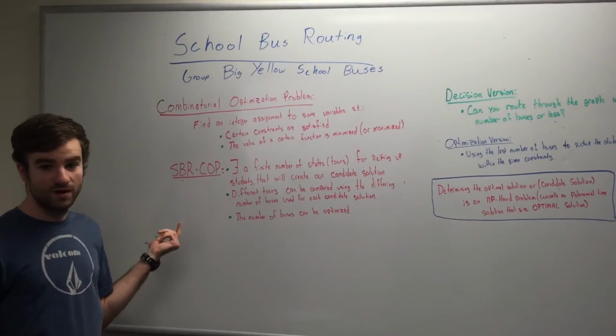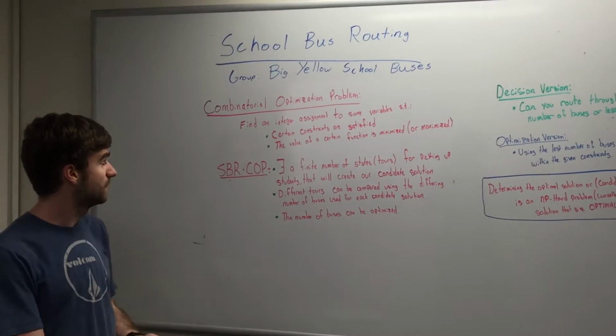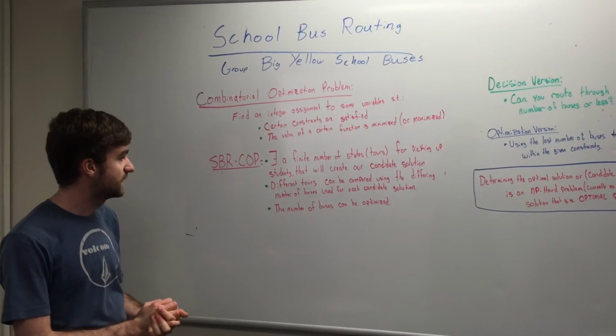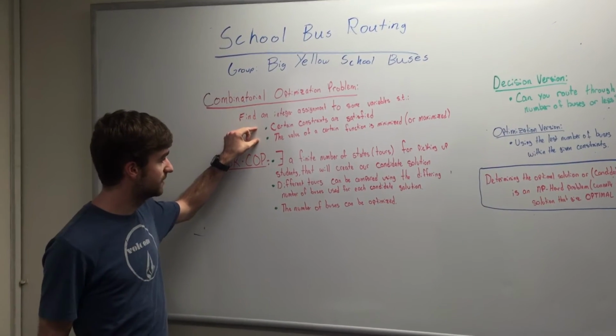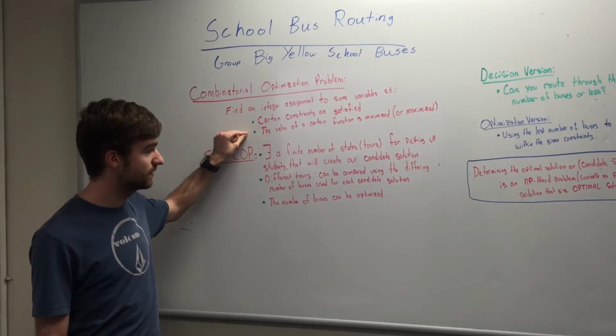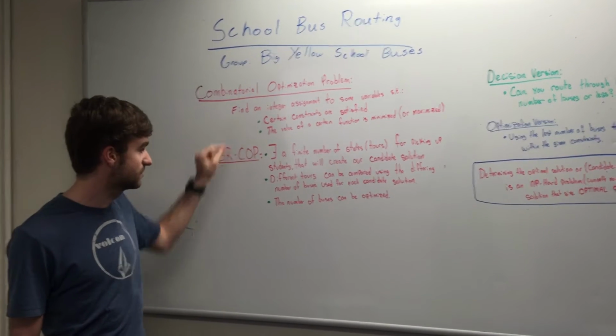What makes the school bus routing problem a combinatorial optimization problem is that it has certain constraints that need to be satisfied, and this school bus routing problem can be minimized to a certain extent.